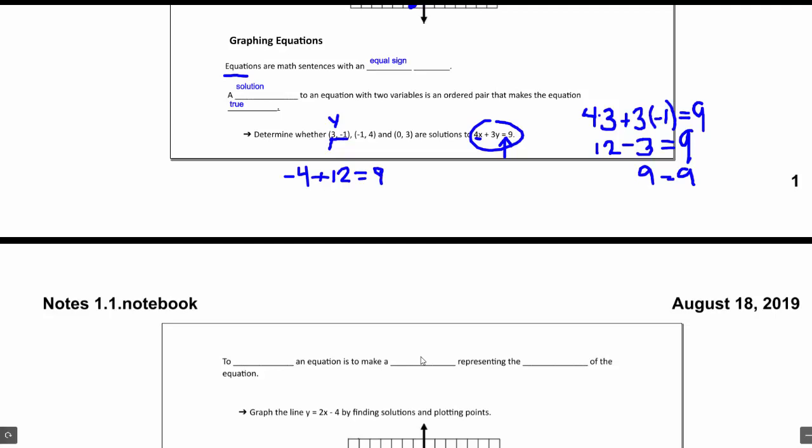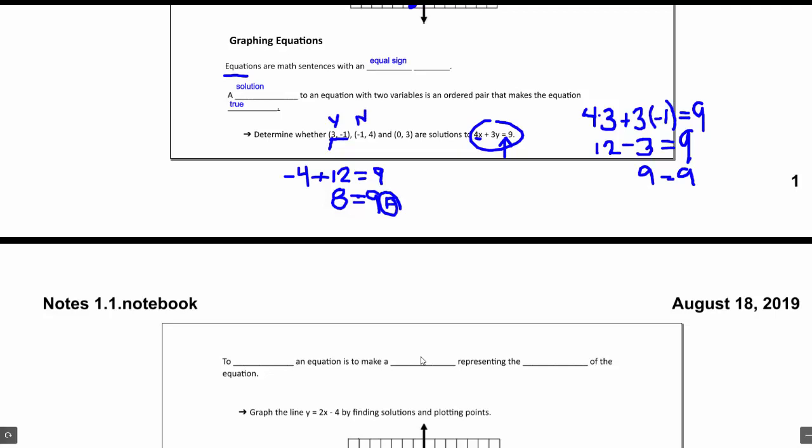So our question is, is that a true statement? Okay, hopefully you're ahead of me and you know that it's not. -4 plus 12 is 8. So 8 equals 9 is false. So the answer to the second one is no.